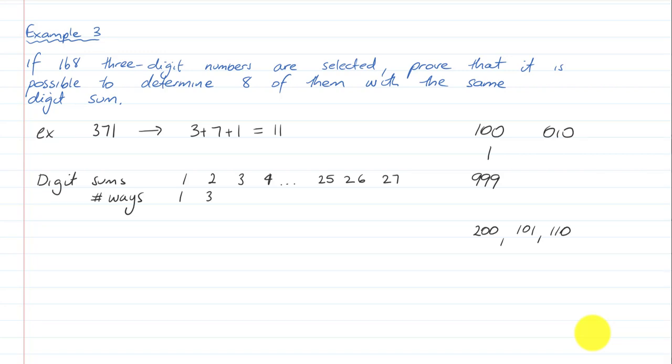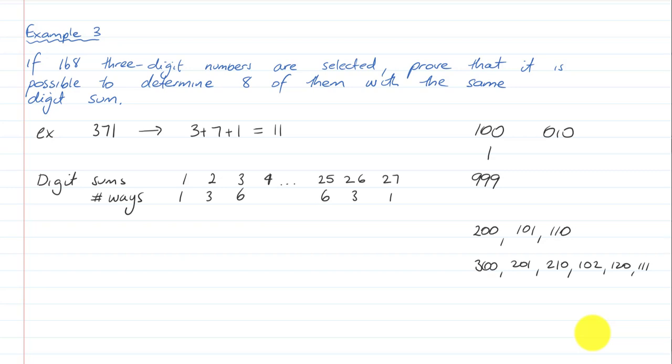And a digit sum of 3 could be 300, could be 201, could be 210, could be 102, could be 120, or it could be 111. So there's 6 ways of getting a digit sum of 3. And it actually works in reverse as well. 999 is the only way of getting a digit sum of 27. There are 3 ways of getting 26 and 6 ways of getting 25. So have a play with that if you want to.